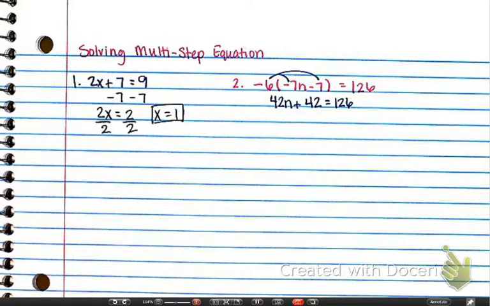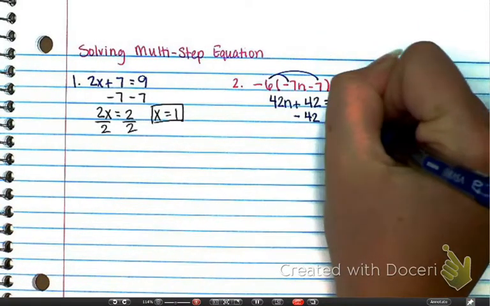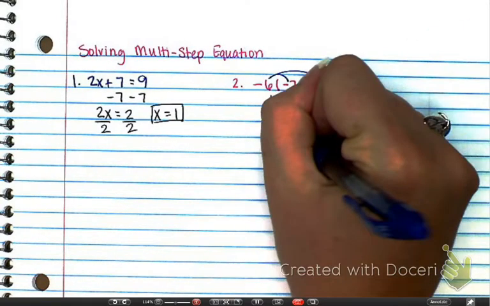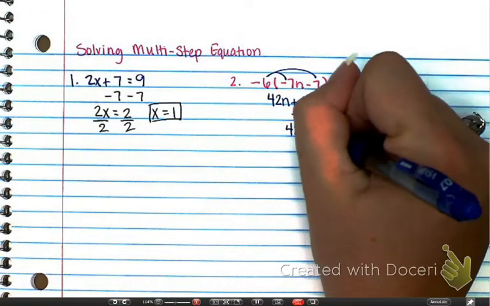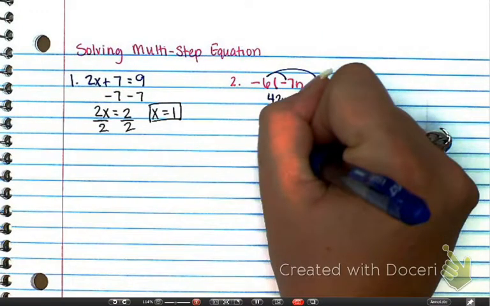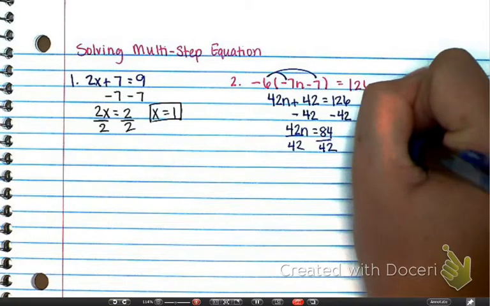I have a variable, I have a constant. I need to get the variable by itself, so what am I going to move? 42. Okay, so I'm going to subtract 42 because that's the inverse. 42n equals 84. And if I divide by 42, I end up with n equals 2.